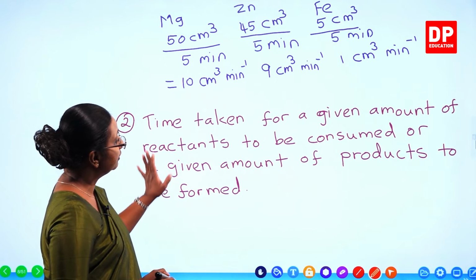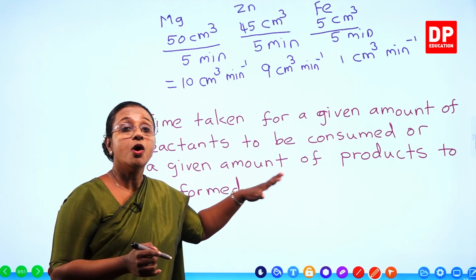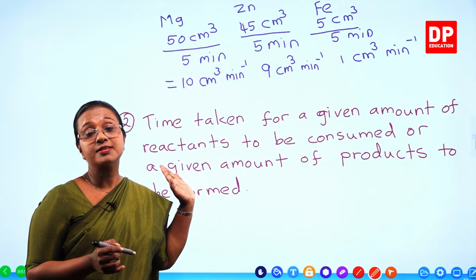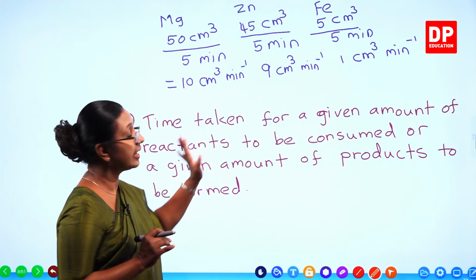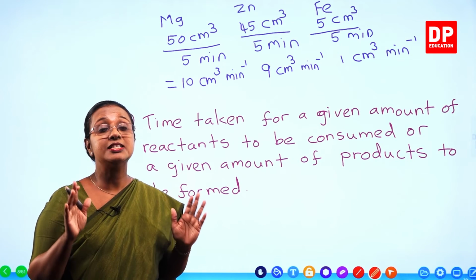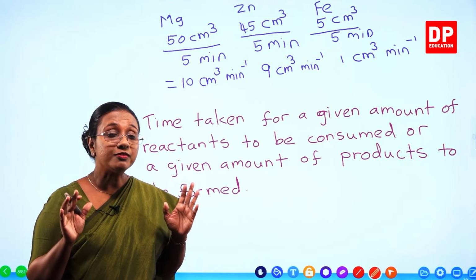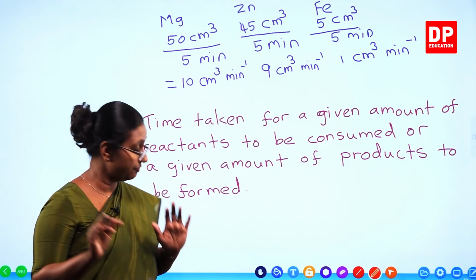So here we fix the amount of reactants used up or the amount of products formed. Then we measure the time taken. So here the factor that is going to change is the time taken. The amount of the reactant or the amount of product is going to be fixed.